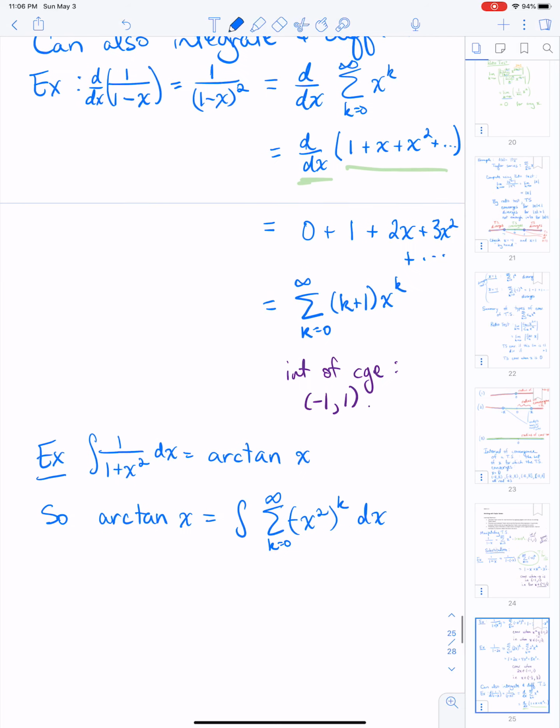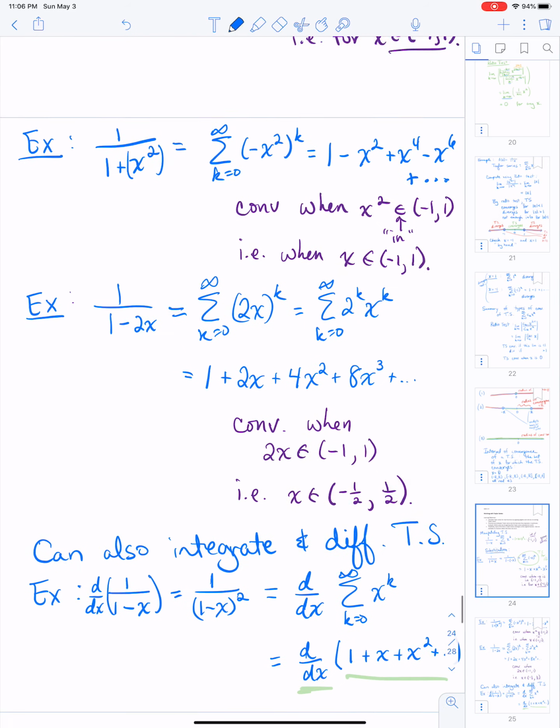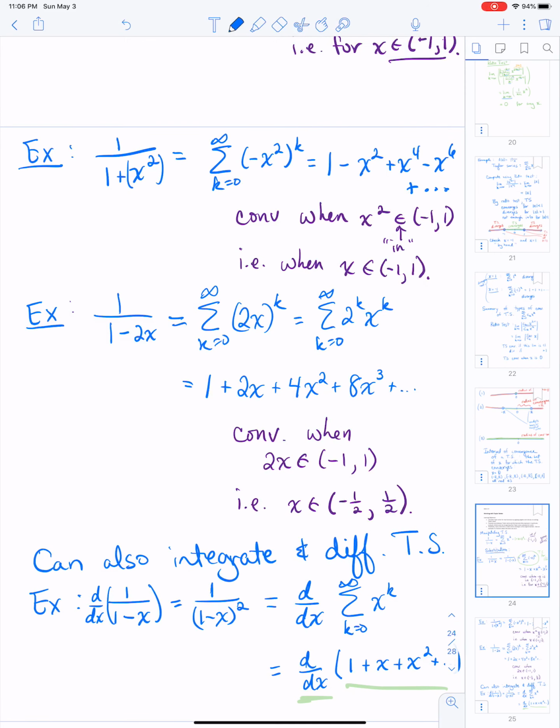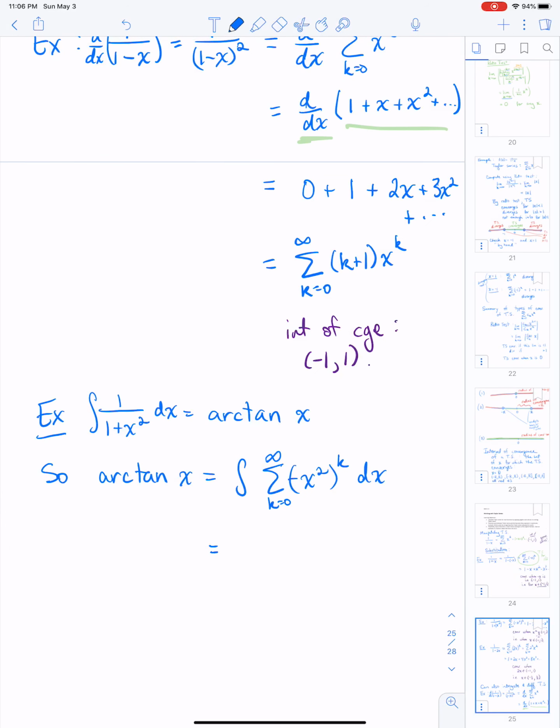And so I'm going to just write out some of the terms. I like to do that. It just helps me avoid making mathematical errors.